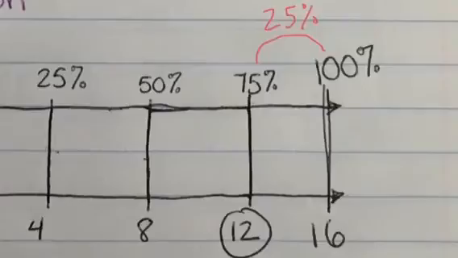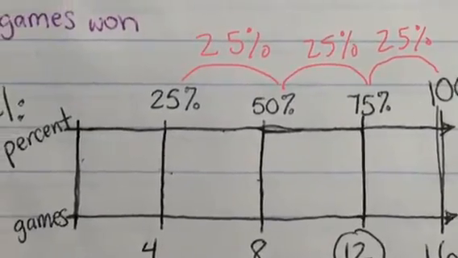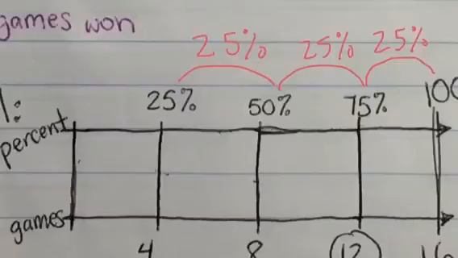Okay, so when I go down again, I need to subtract 25%. When I go down again, I need to subtract 25%. And then one more time to get to the very end, I need to subtract 25%.